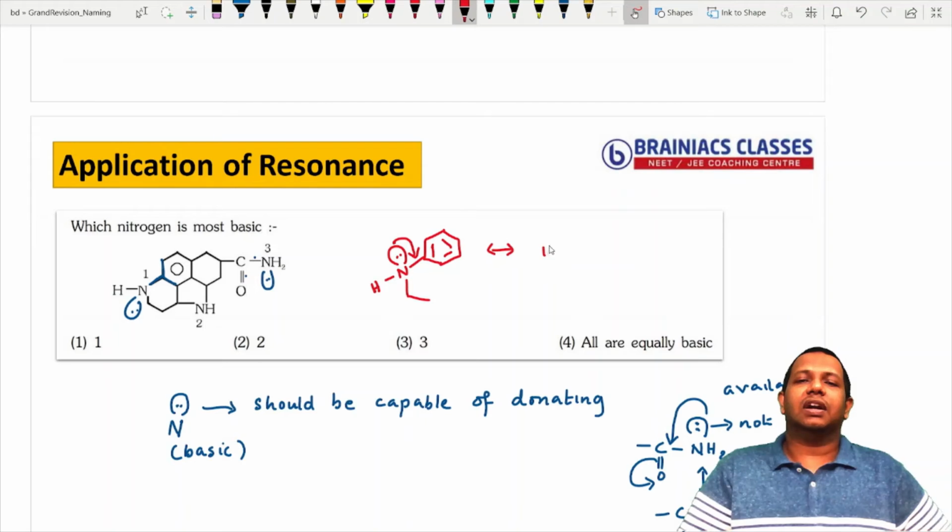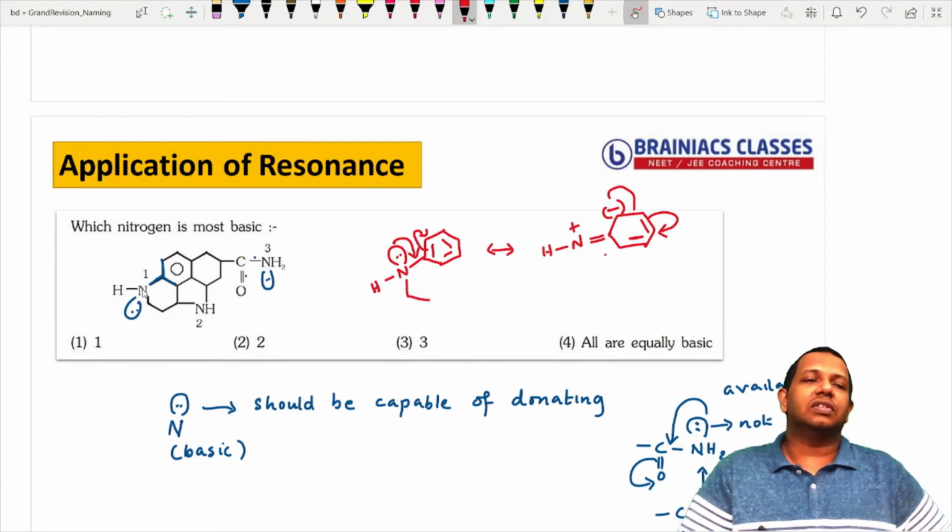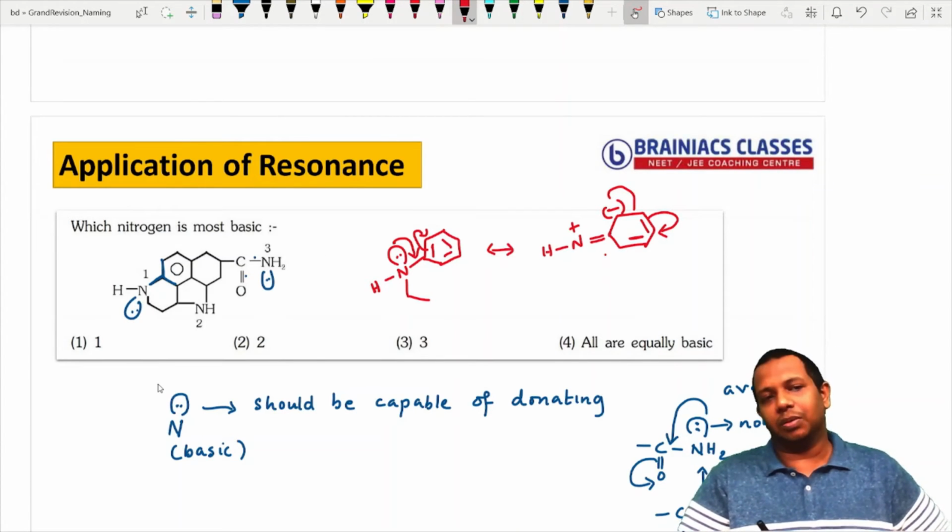We can say hydrogen here, nitrogen with a positive charge, a double bond here, then this will enter into resonance. So you will have this double bond polarizing here to become a negative charge here, and the remaining structure we can draw like this. There are more resonating structures, it can come over here, so this will get polarized here. So that means this nitrogen lone pair is also not available for donation.